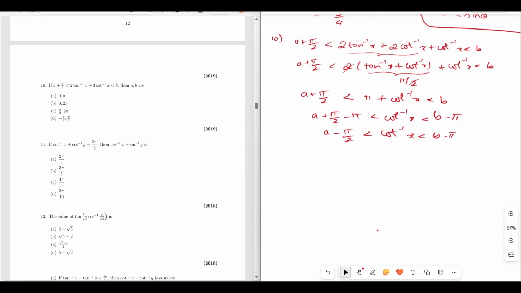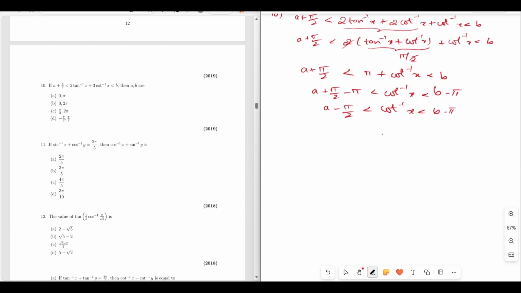So now as you look here, we know that cot inverse x value lies in between 0 and pi. If you remember the principal value branch of cot inverse x, it is in between 0 and pi. So now when you compare these two, you can equate a minus pi by 2 is equal to 0 and b minus pi is equal to pi. So now on simplifying, you get a is equal to pi by 2, b is equal to 2 pi.